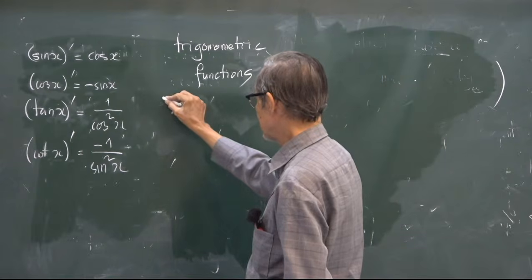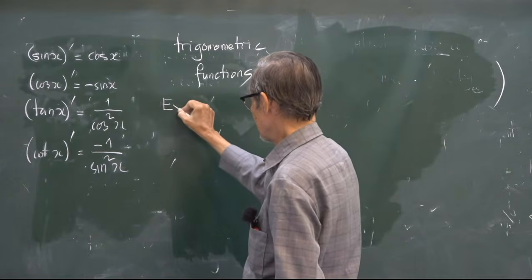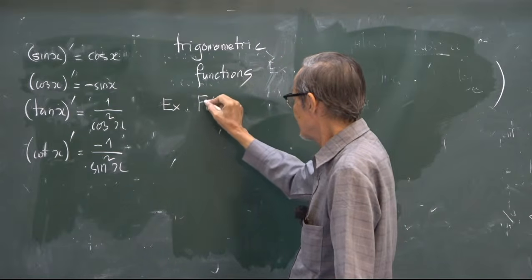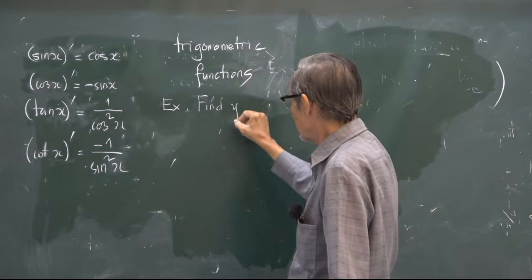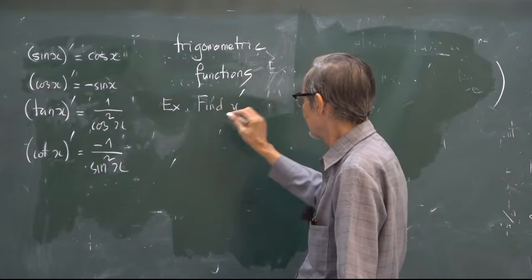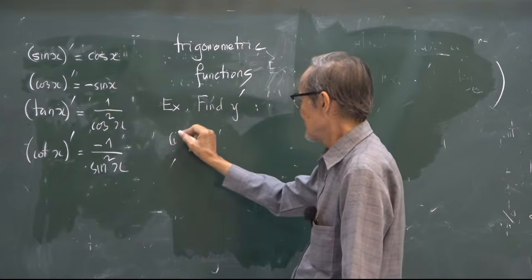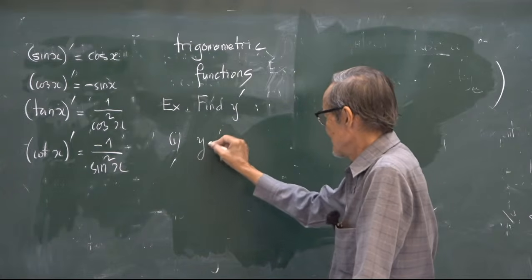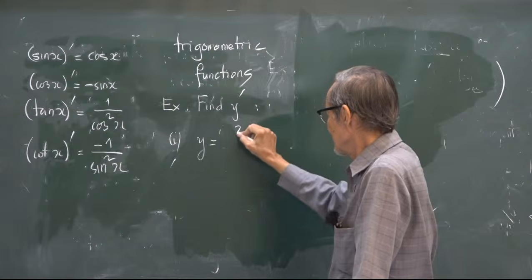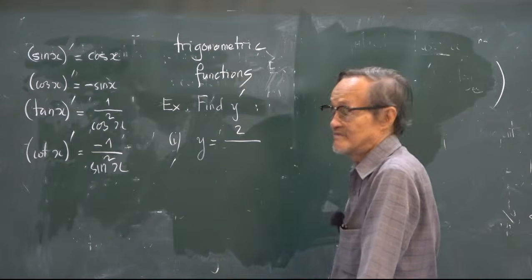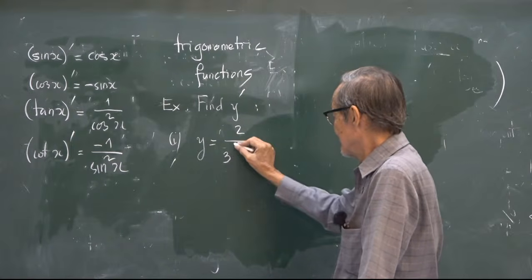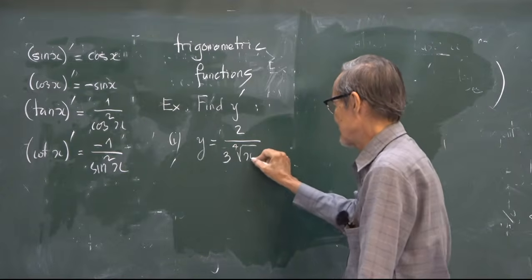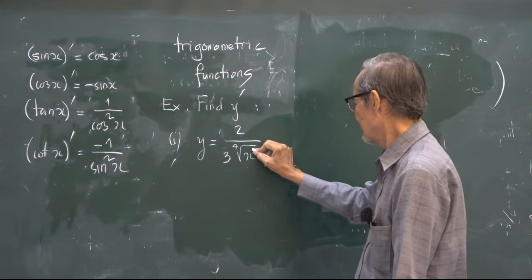Now consider some examples. Find y prime. Number 1, y equals 2 over 3 times the fourth radical of x to the power 5.